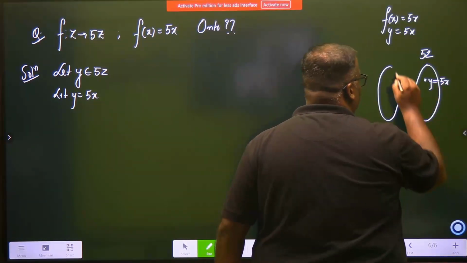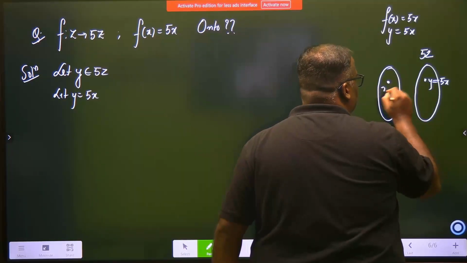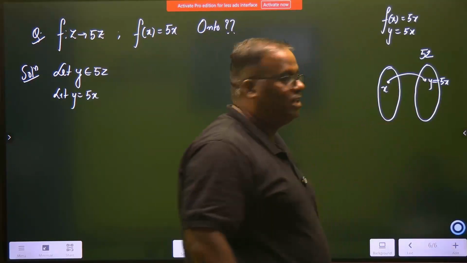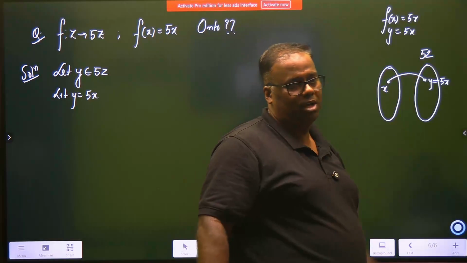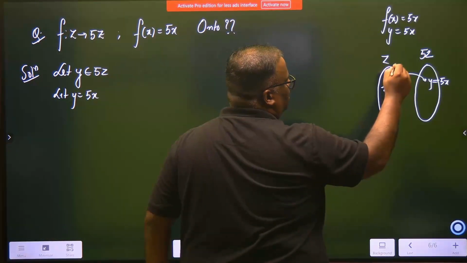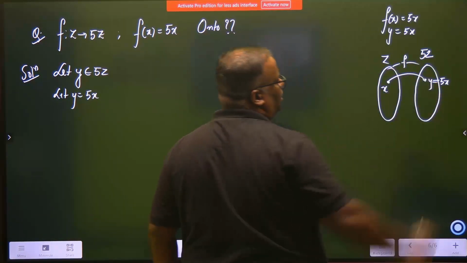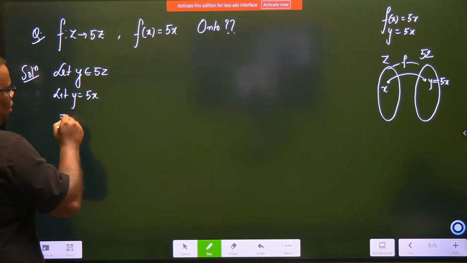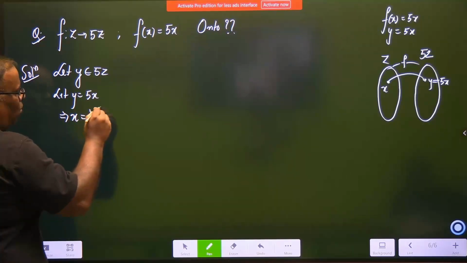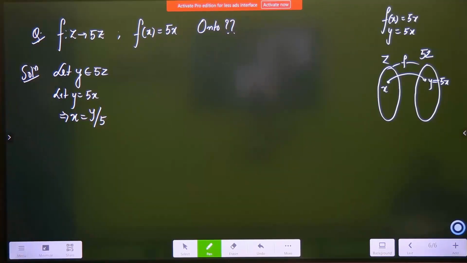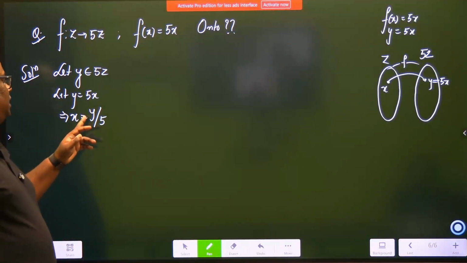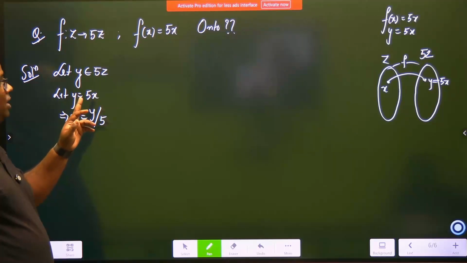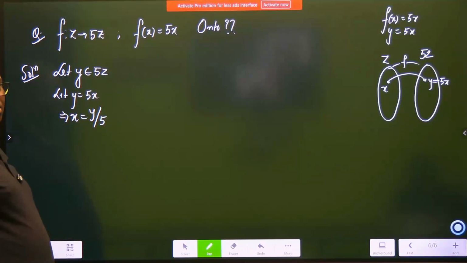Our job will be to find one x to which it can be mapped, and if that can be done generically, the function becomes surjective. Yes or no? Yes. So my next step will be: I write x is equal to y upon 5. Can I write this? Right? Now, y belongs to 5Z.